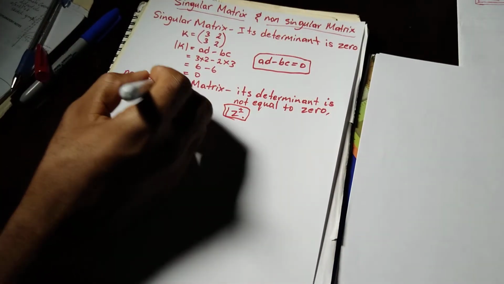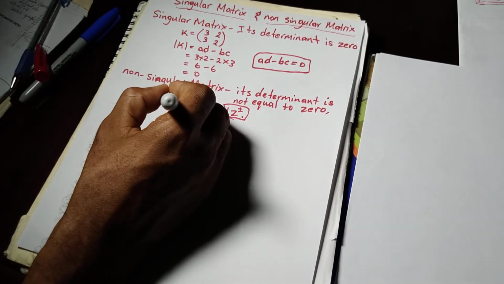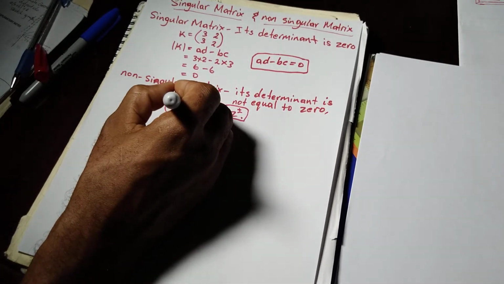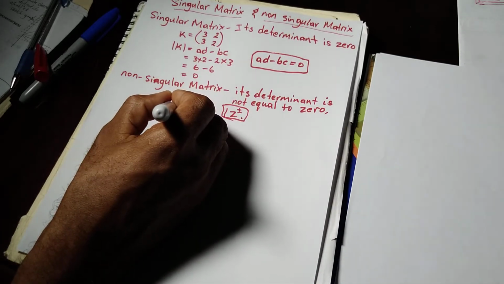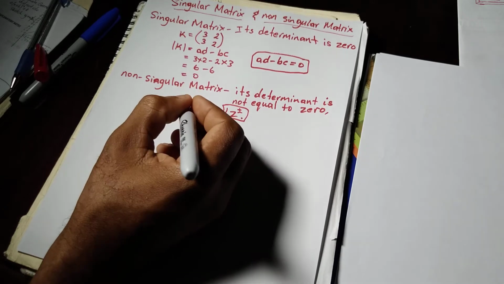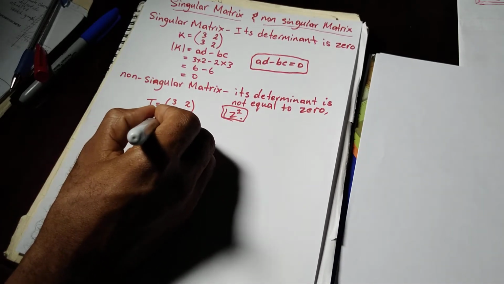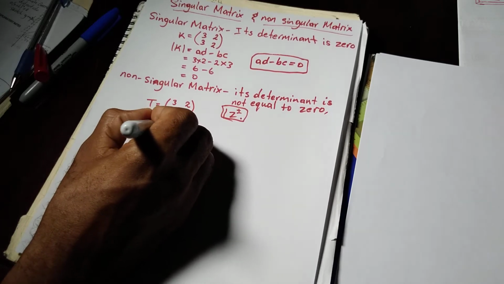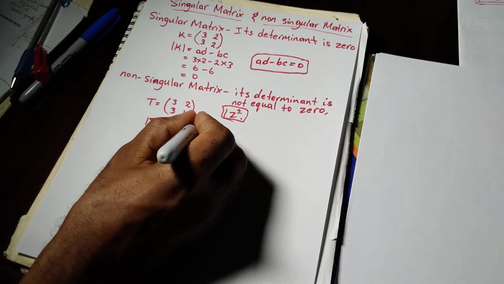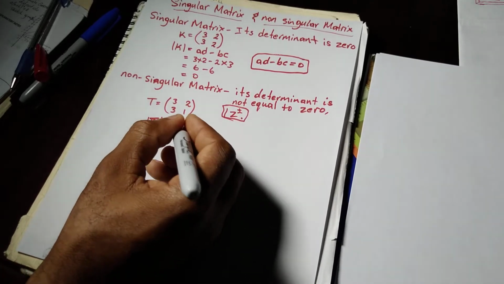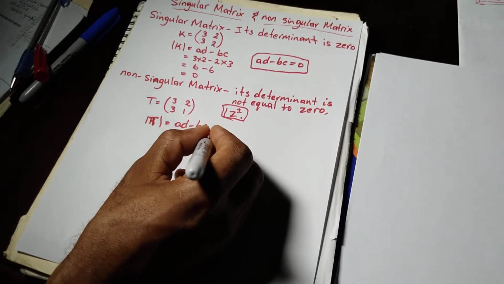So let's say we had T. T is 3, 2, 3, and 1. Let's say we're going to find the determinant for T. So it's equal to AD minus BC, which is equal to 3 times 1 minus 2 times 3.